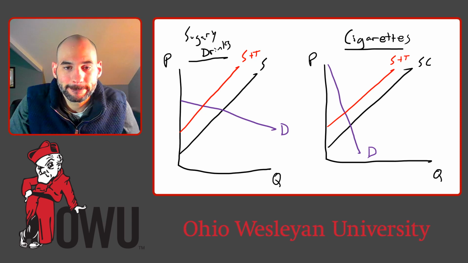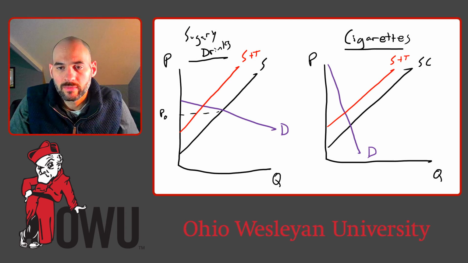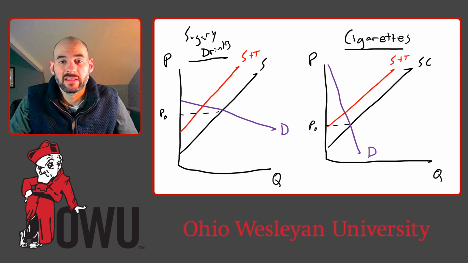So we're going to find what the initial price would be in each market. Call this P0. And we'll find what price the consumers have to pay in each market and what price the producers receive in each market.